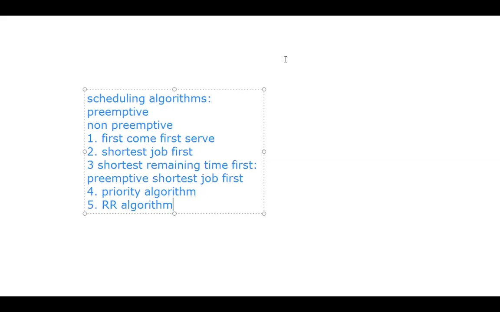And then we have seen various types of scheduling algorithms, in which the first broad classification is preemptive and non-preemptive, and then the various algorithms for CPU scheduling: first come first serve, shortest job first, shortest remaining time first, also called preemptive shortest job first, and then priority algorithm and round robin.